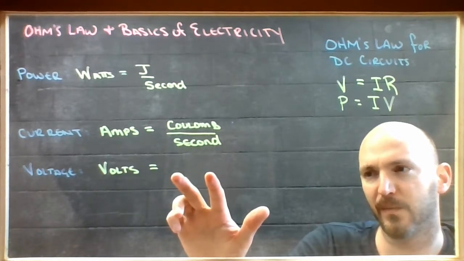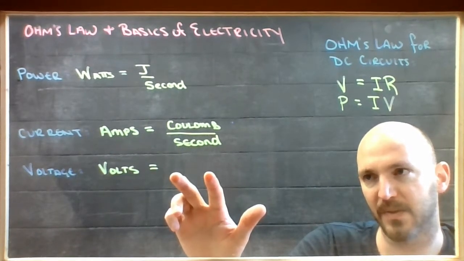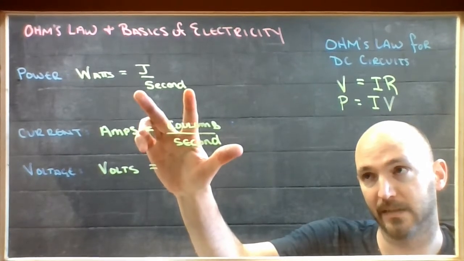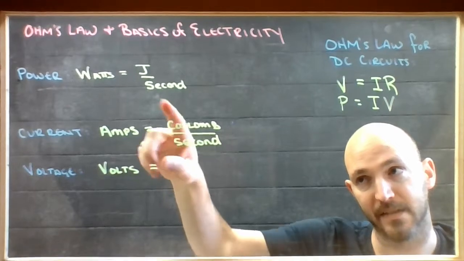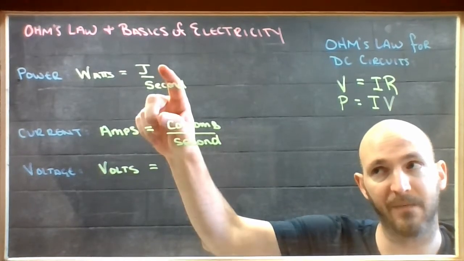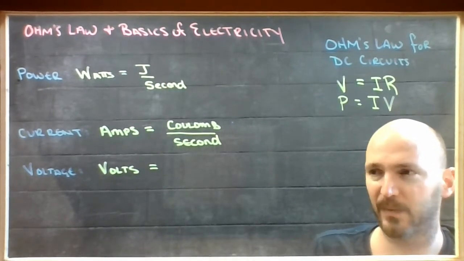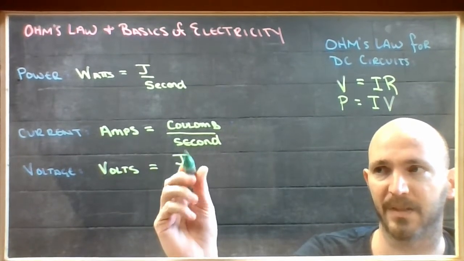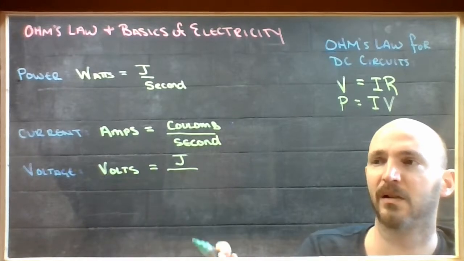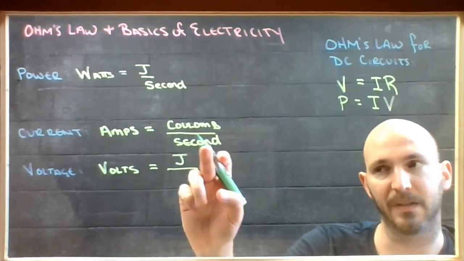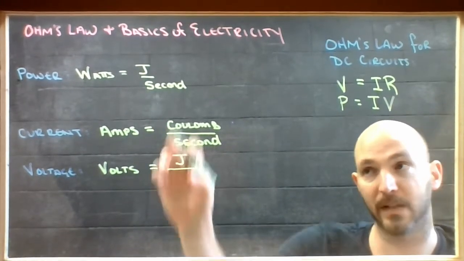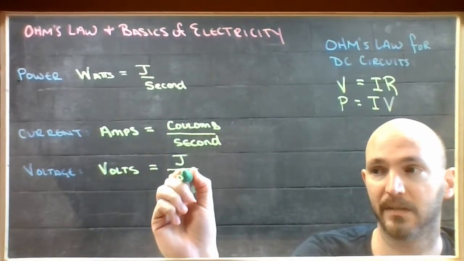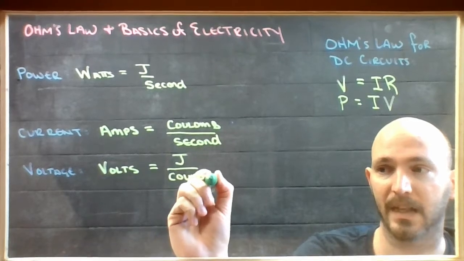So this one then, if I'm supposed to multiply this by this in order to get that, I have the seconds in the bottom. I don't have the joules in the top yet. So this thing is going to have a joules up top. And when I introduced this one, I ended up with a Coulomb on top that I didn't want. So I'm going to put a Coulomb in the bottom here to cancel it out.